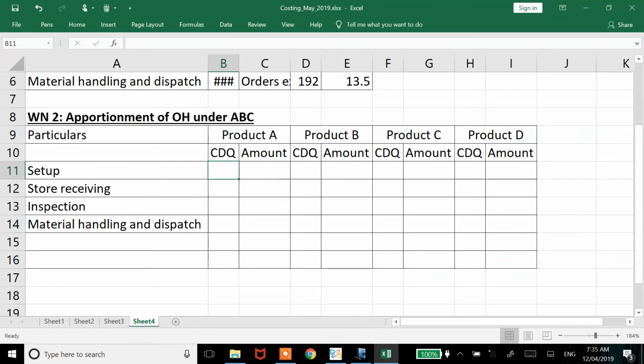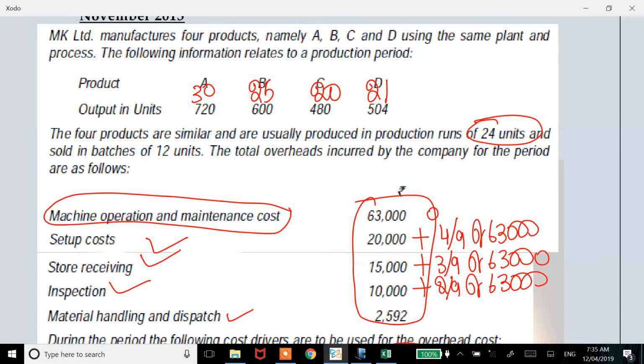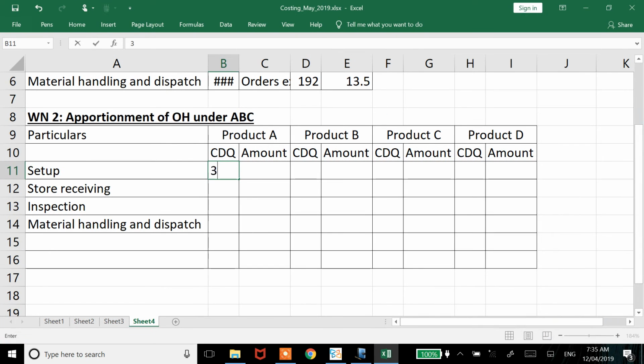How many production runs were there for only product A, which is 720 divided by 24. So production runs for this product alone is 30. Product B is 25. Product C is 20. And the last product is 21. You just focus on how many production runs there are.